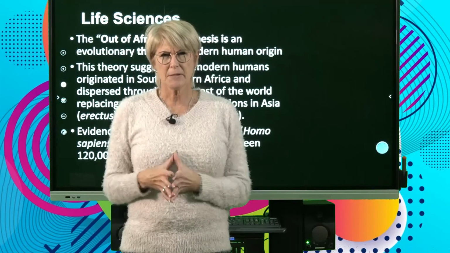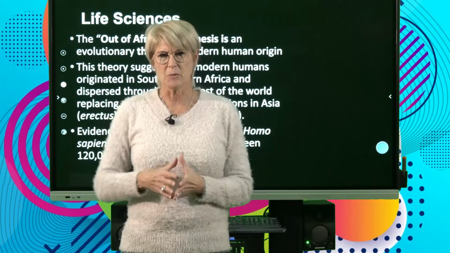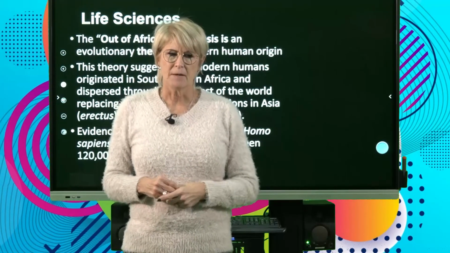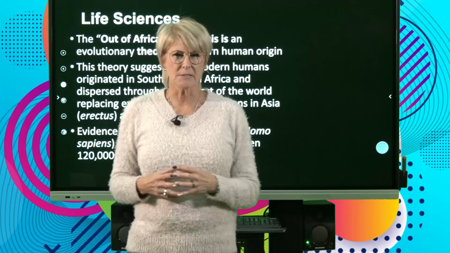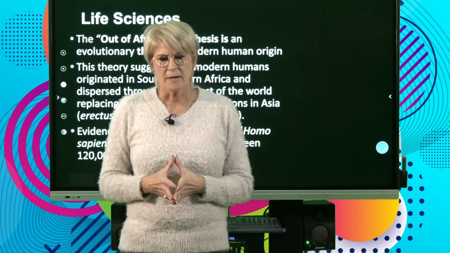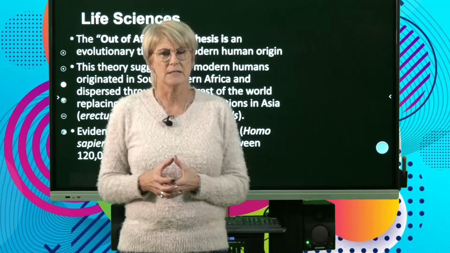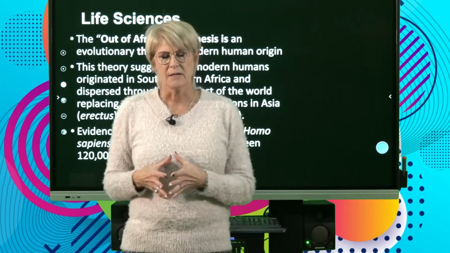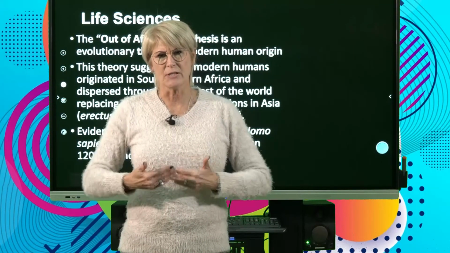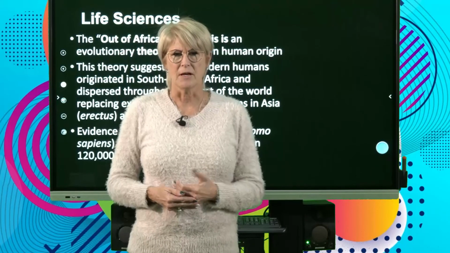Right at the beginning, when we started with evolution, we spoke about the difference between a theory and a hypothesis. The out of Africa hypothesis has quite a bit of evidence, and each time new fossils are discovered in Africa and elsewhere in the world, it adds to the evidence that we have for this hypothesis.